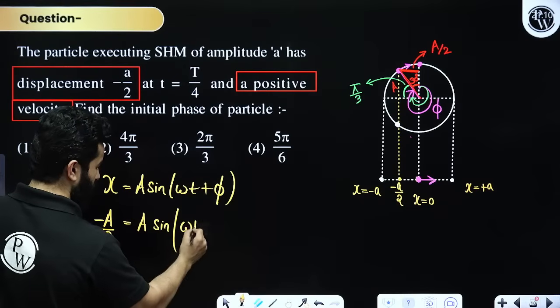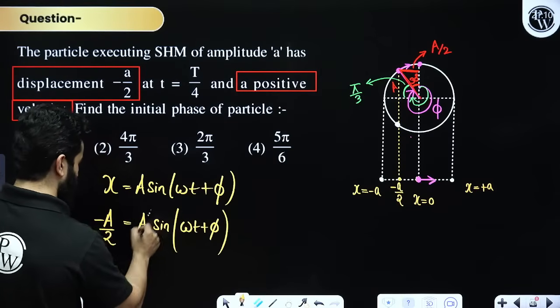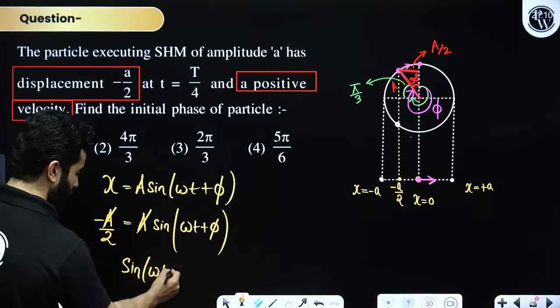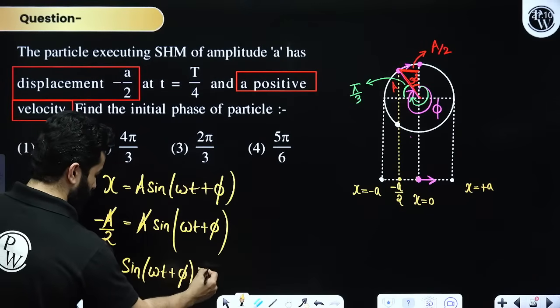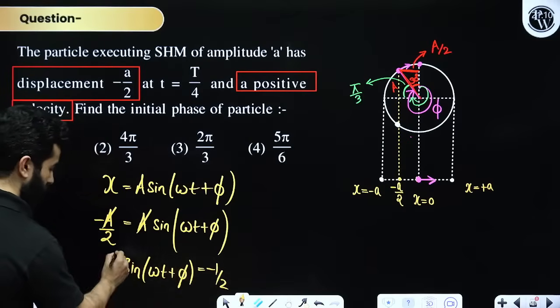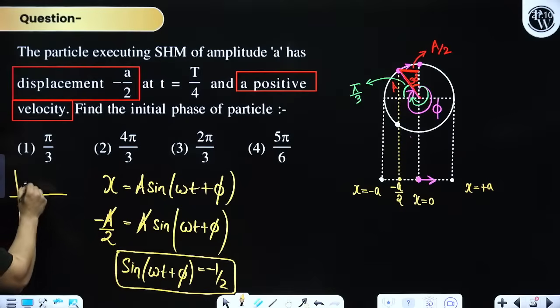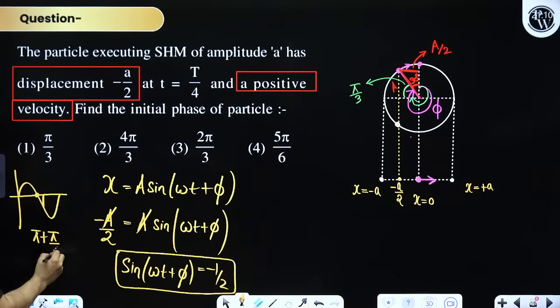This is omega t plus phi. So this gets cancelled out. That means sine of omega t plus phi is minus 1 by 2. Now, minus 1 by 2 sine will give us minus 1 by 2 at this point, that means after 180 degrees, it will be pi plus pi by 6.